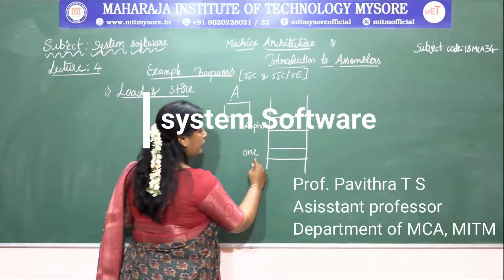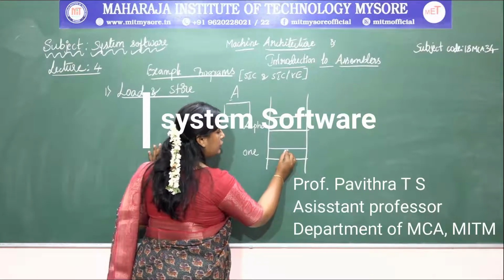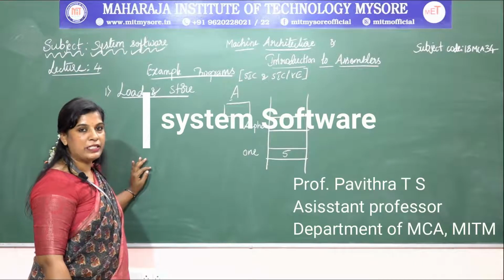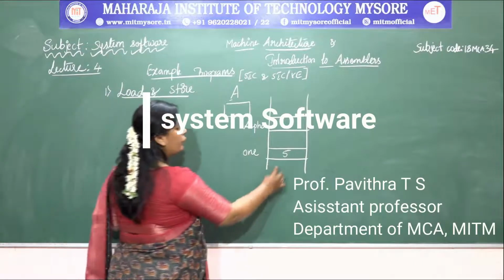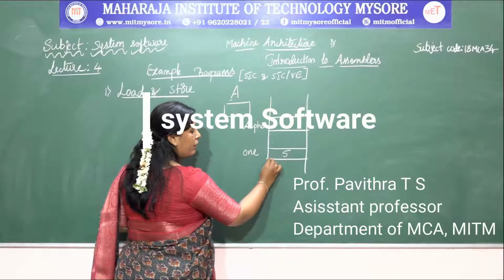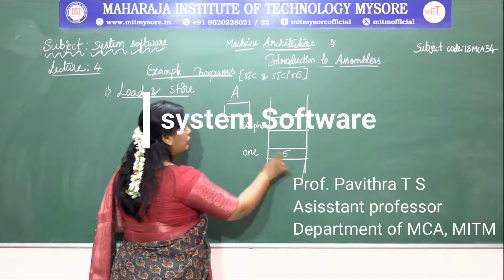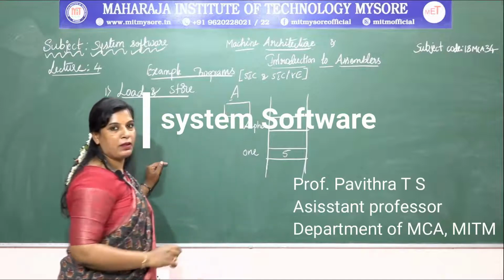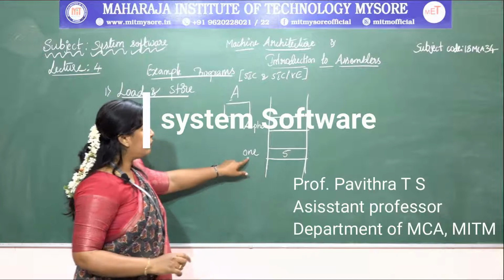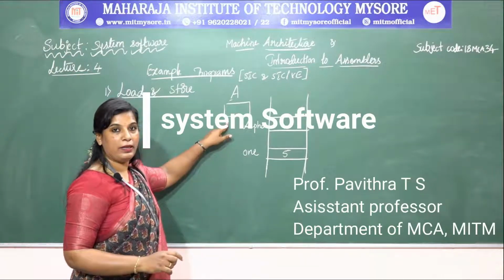In that memory location 1, there is an integer value 5. I want to move this integer value from this memory location to the accumulator. I want to copy the value present in memory location 1 to the accumulator.